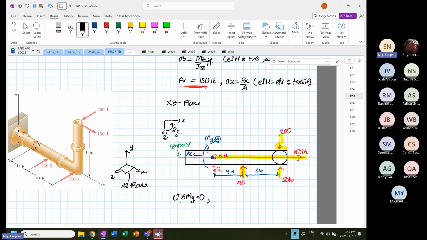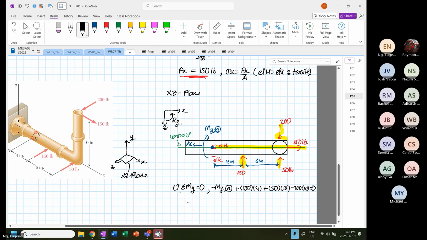So now we have minus MY at point A. The 150 is going to do anti-clockwise, multiply by 4, and then the 50 is also going to do an anti-clockwise. But the 200 is going to do a clockwise, multiply by 10, and the whole thing is equal to 0. So moment y at point A is equal to what?